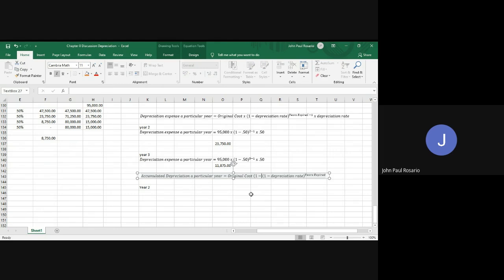This is the book value. Okay, let's just try this one. Okay, because I'm still imagining how it should look.